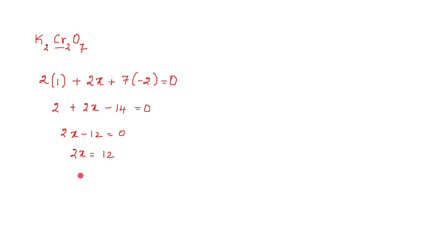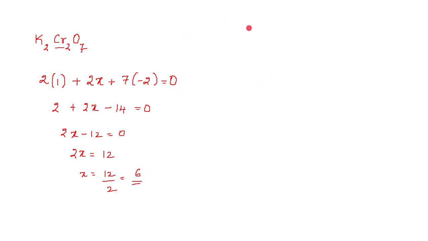And x is equal to 12 divided by 2, that is equal to 6. So this is the way you calculate the oxidation number. Each chromium atom will have an oxidation number of +6.